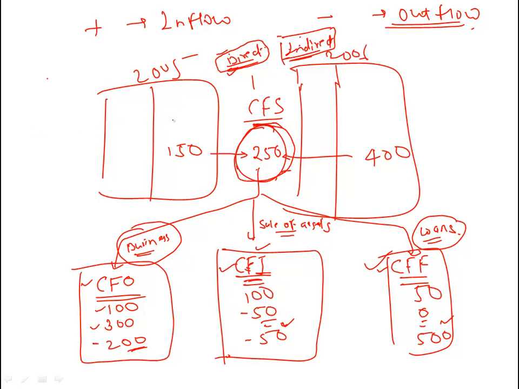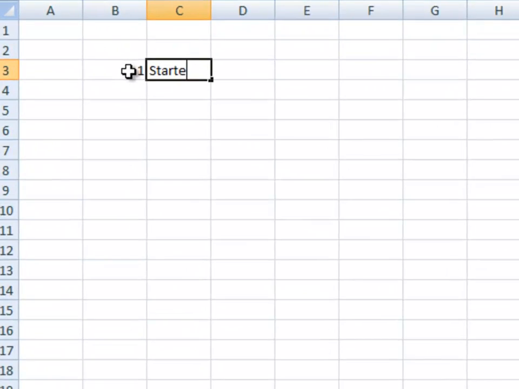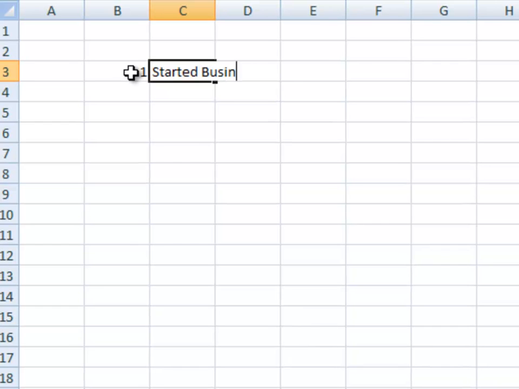The way we will do it today is, I will give you a set of transactions. On those transactions, you will prepare the balance sheet, you will prepare the income statement, and then we will prepare the cash flow statement using both the direct method and the indirect method. You can have these examples with me.